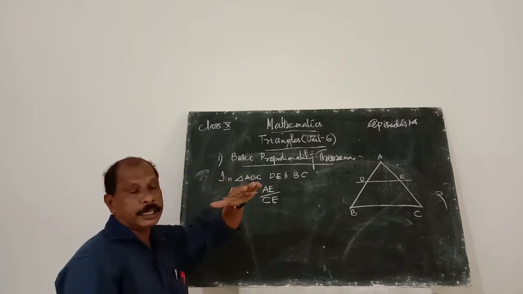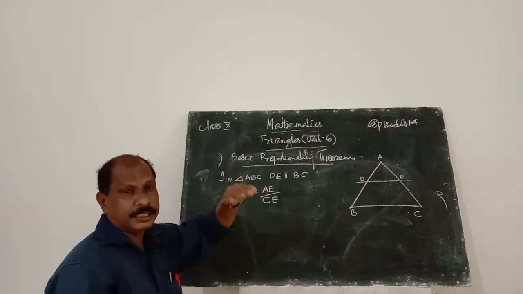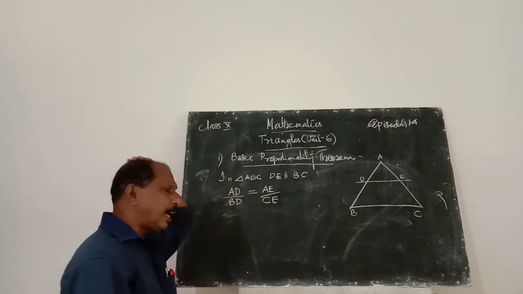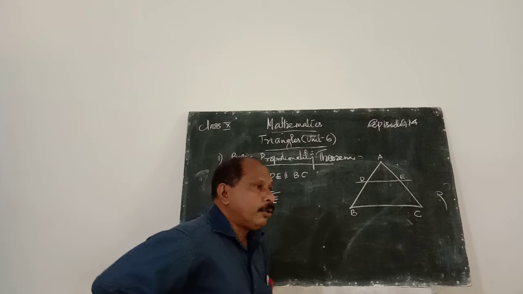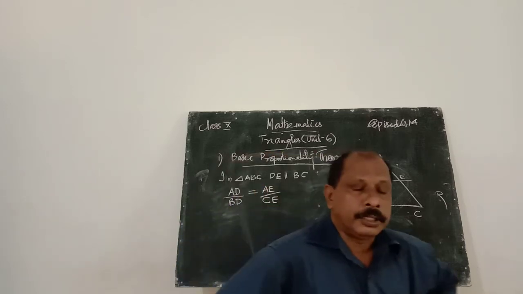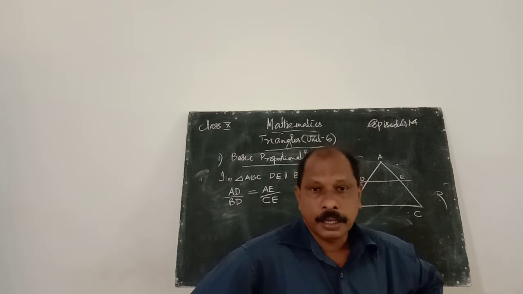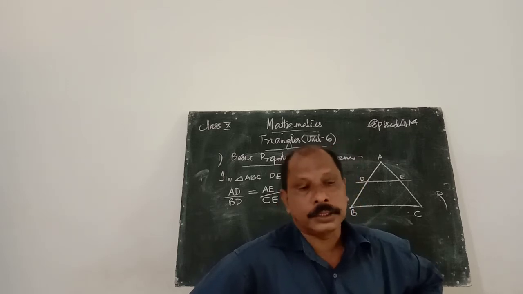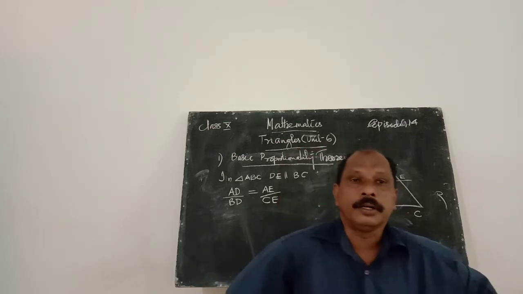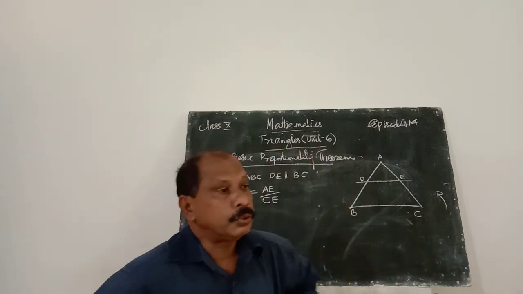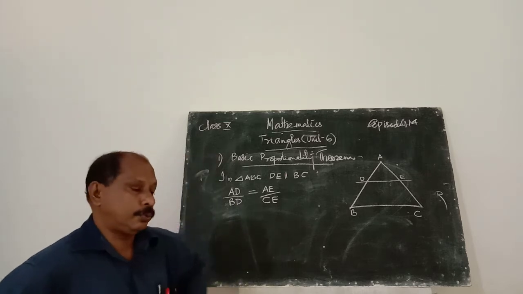Therefore, what is the first theorem? It is an important theorem, the basic proportionality theorem of triangles. In a triangle, a line segment is drawn between two sides and it is parallel to the third side. Then this line segment divides the other two sides with a constant ratio.